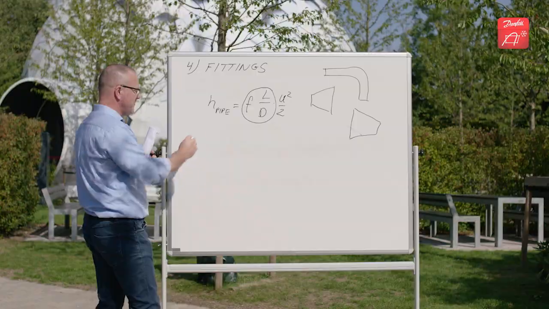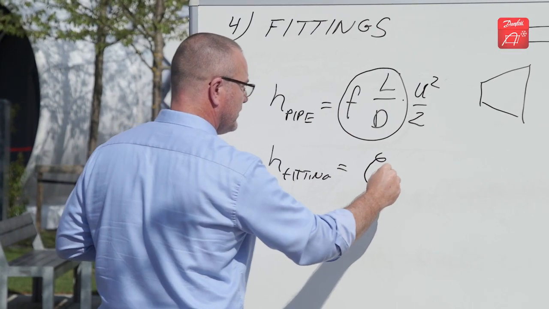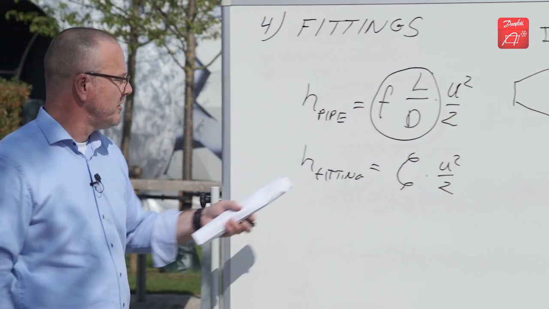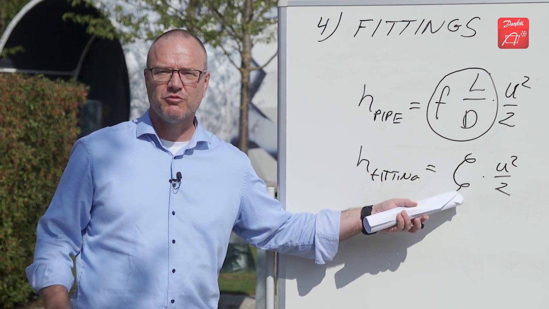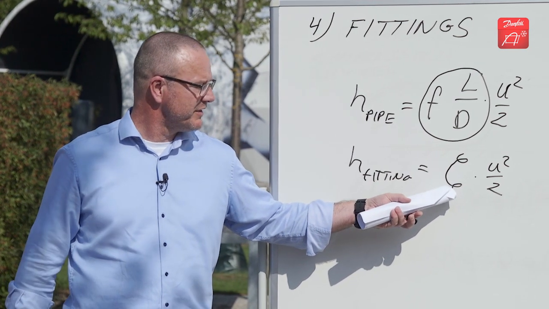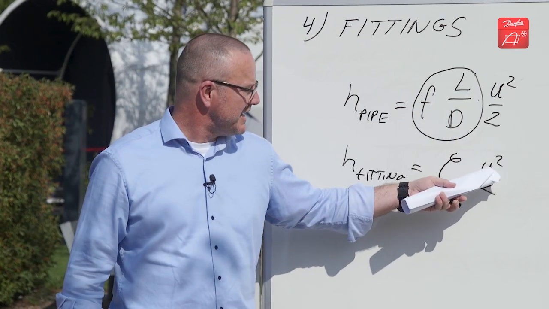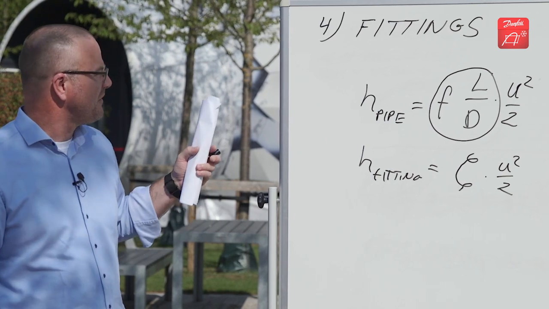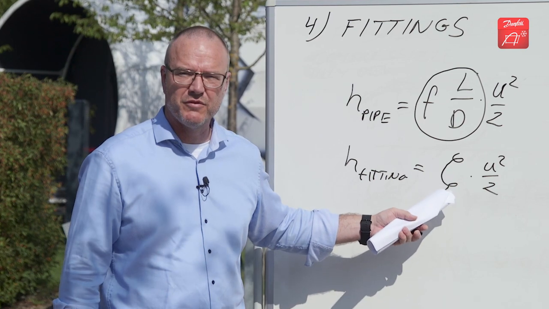So instead of this term, for fittings, we'll talk about a resistance coefficient, and normally use the Greek letter zeta for this. So the resistance coefficient, and again, times the velocity squared, halved. So we went from some head loss, and now we have a resistance coefficient.